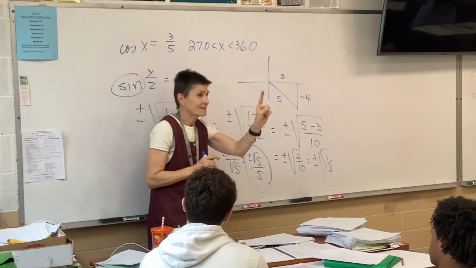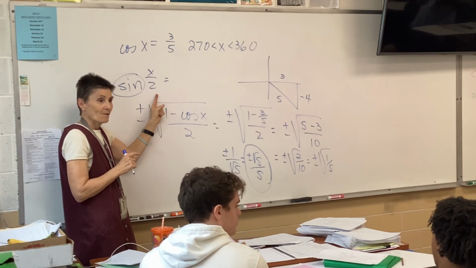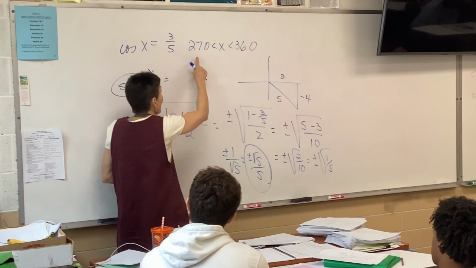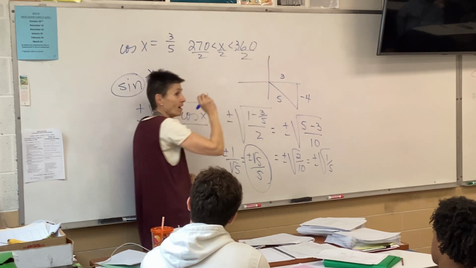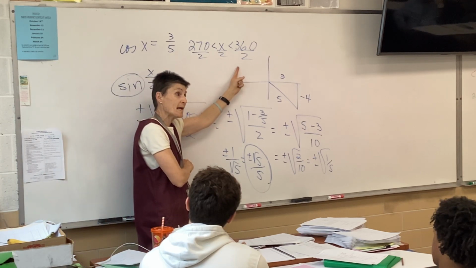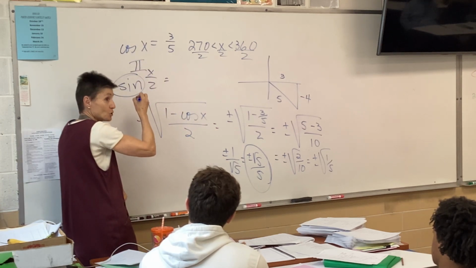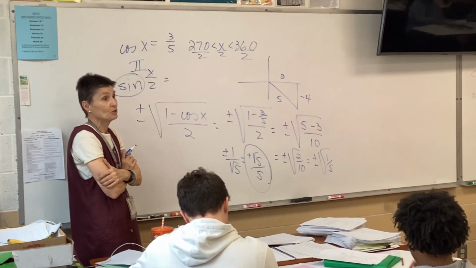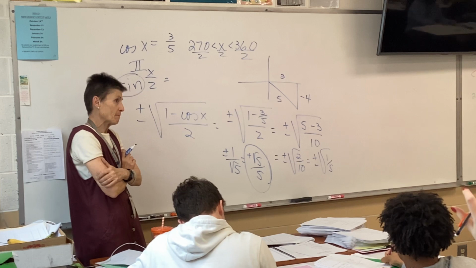And that's true, except I'm not finding the sine of X. I'm finding the sine of half of X. So if X is between 270 and 360, half of X is between 135 and 180, which means this angle, the one I'm finding, is in quadrant 2, and the sine is positive in quadrant 2. Wow, that's crazy. But yeah, you gotta think about all that.